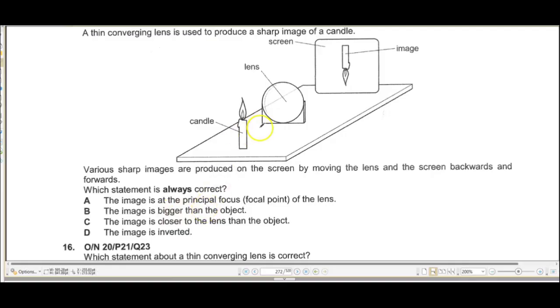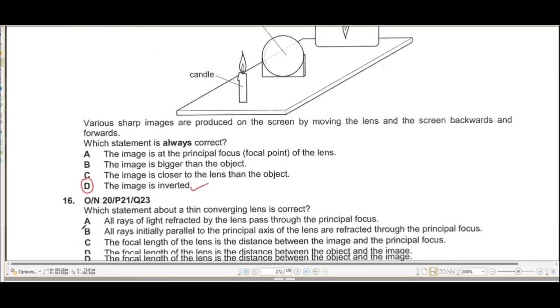The image can be smaller than the object as well. The image is closer to the lens than the object. This scenario can be changed as well. The image is inverted. Yes, you can see that the image is inverted. So this is the best option that you can have. So D is going to be our correct option.